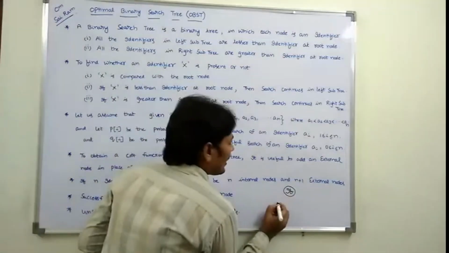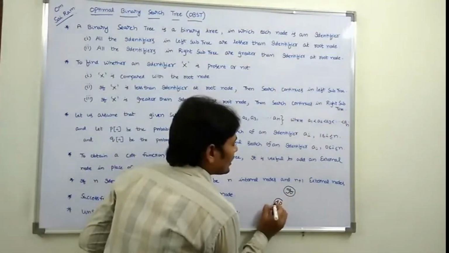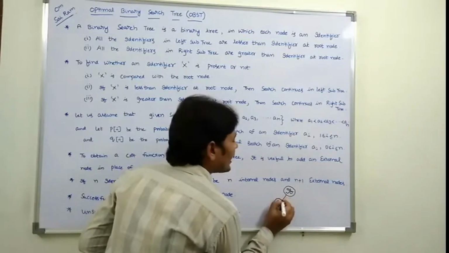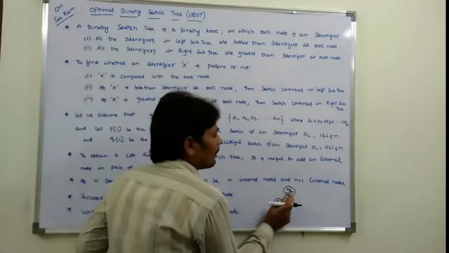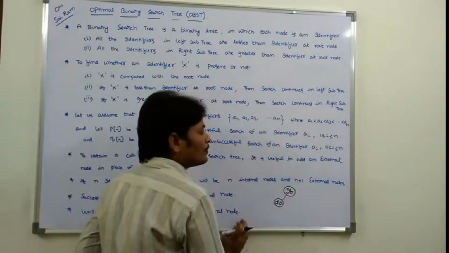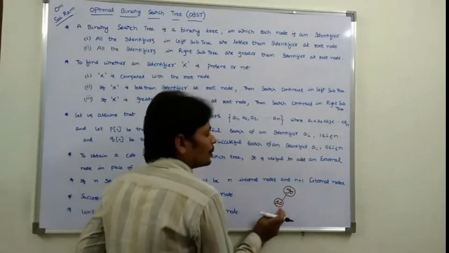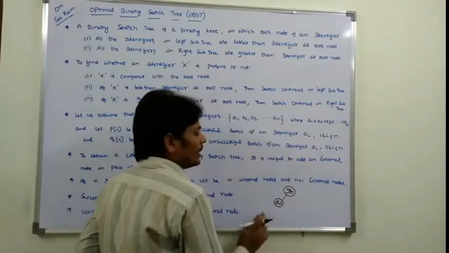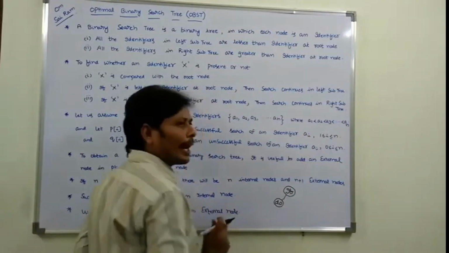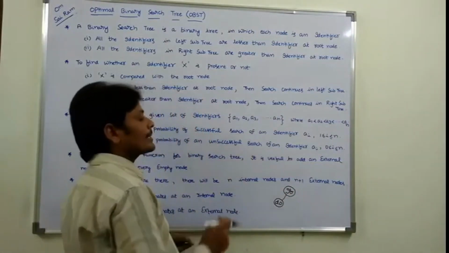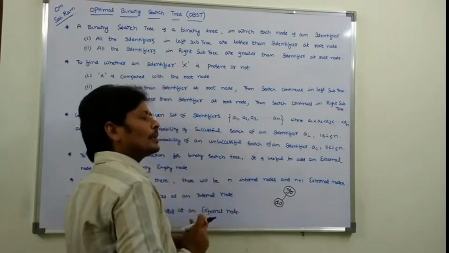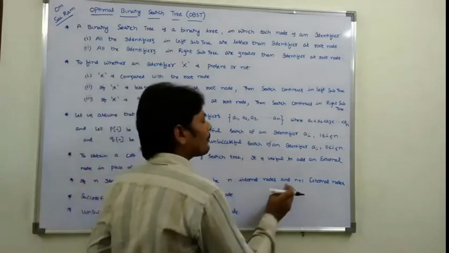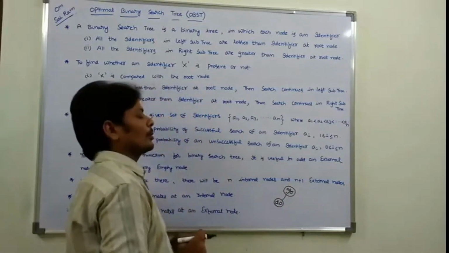We can take the identifier do. It is less than the identifier at the root node, because in if the first letter is I, and in do the first letter is D. D is compared with I, so D is less than I. So the identifier do is placed at the left-hand side of the root node.